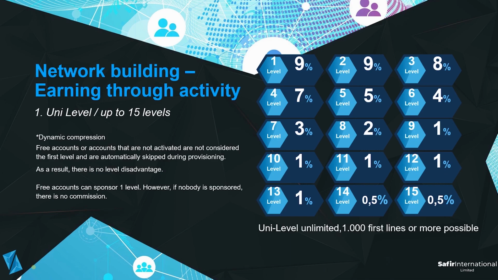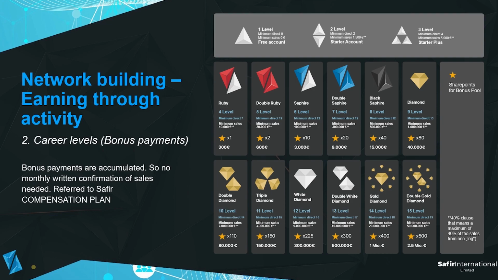So to achieve these percentages, you have to achieve career levels. For example, if you're talking about Ruby, you have 4 levels achieved when you get to Ruby. To achieve Ruby, you need minimum directs of 7 people and a minimum sales of 10,000.